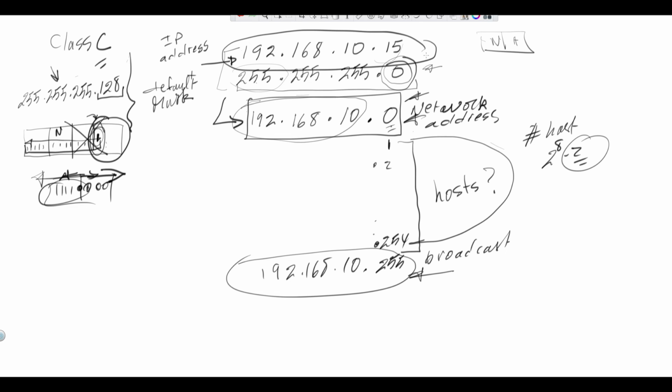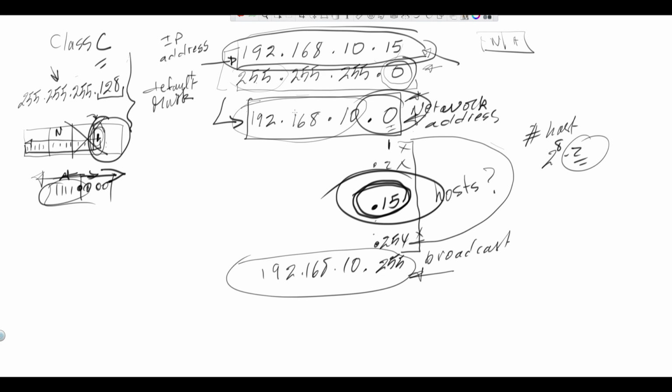But remember, for this particular example, we already have a host identified, which is 0.15. So within this network, you have host 15 in there. We're not talking about 2, we're not talking about 1. These are simply possibilities. But in this particular example, the network is 192.168.10.0, so that's your network.